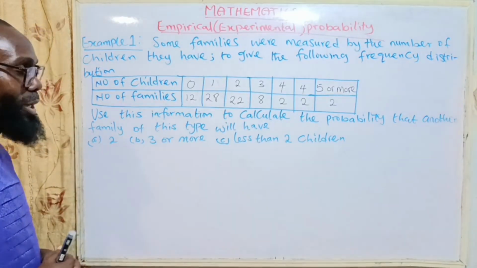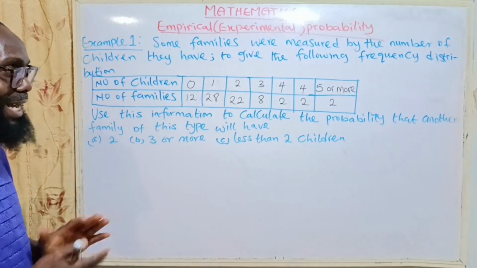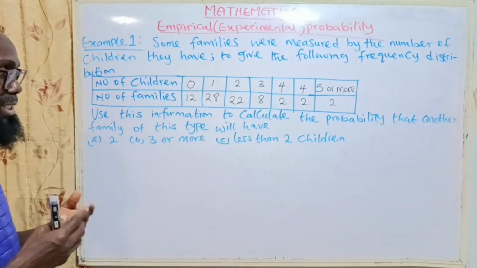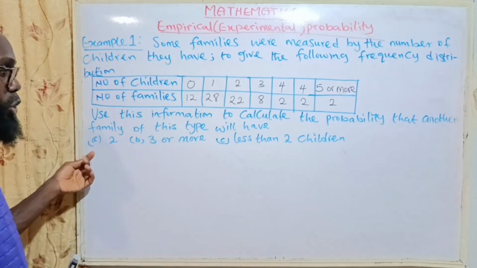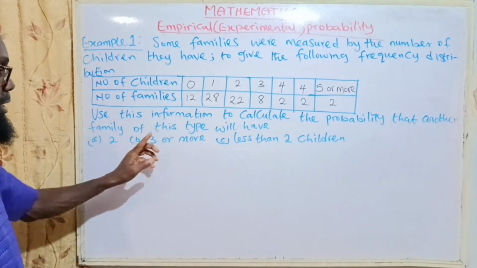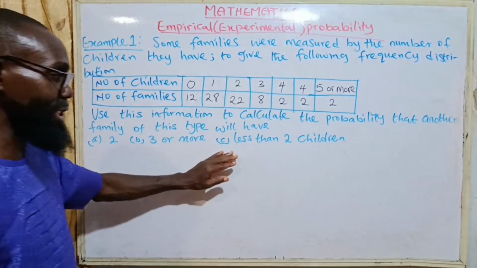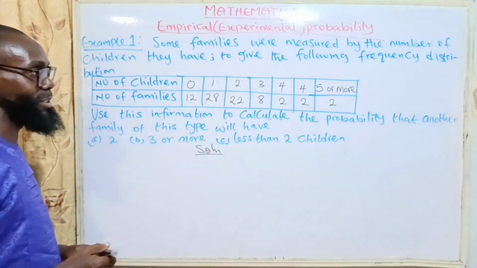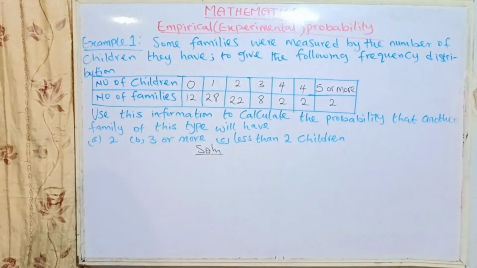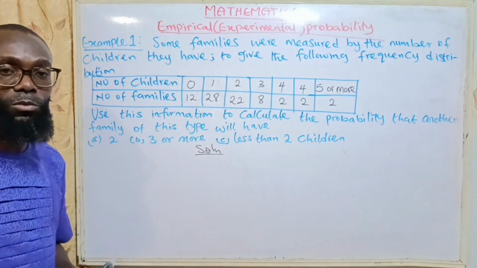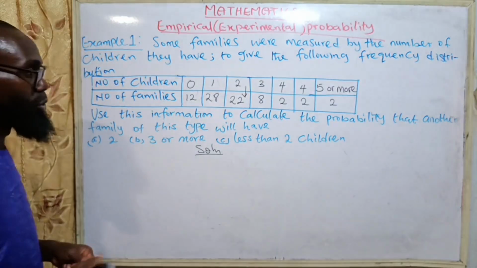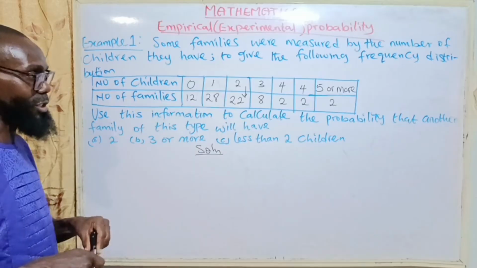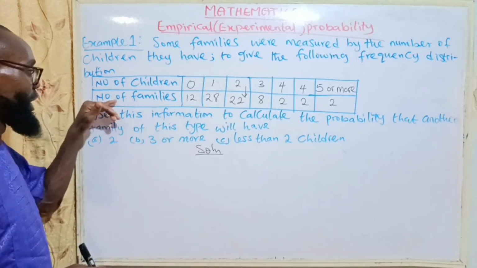Use this information to calculate the probability that another family of this type will have A, 2 children, B, 3 or more children, C, less than 2 children. Probability means the number of required outcomes over the number of possible outcomes. So the first thing to do is to find the total number of families.